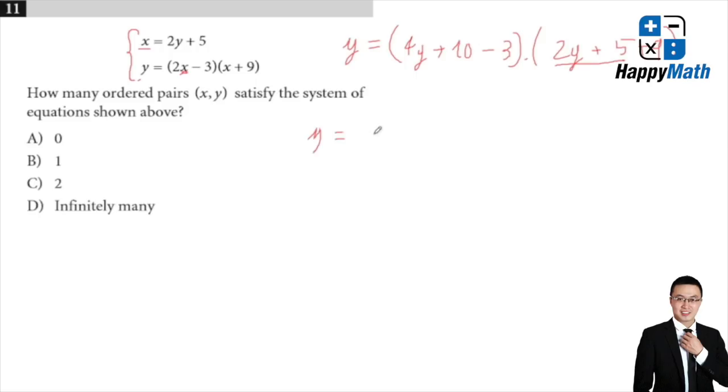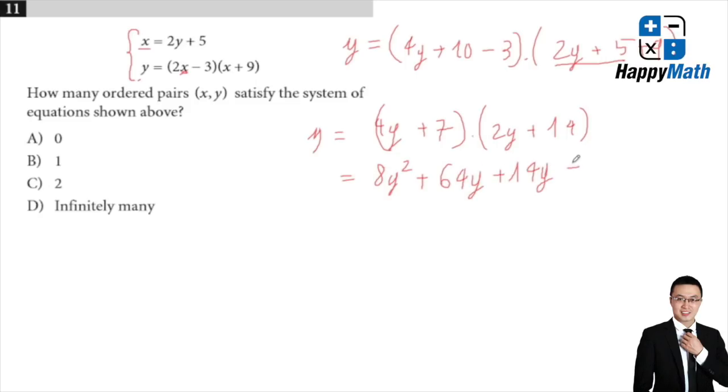Then I will expand here 4y plus 7, 2y plus 14, and expand the y squared terms, and 14y, and 7 times 14 is 98. Y in here, so I change y to 2 here. Then minus 1, so 77y plus 98.